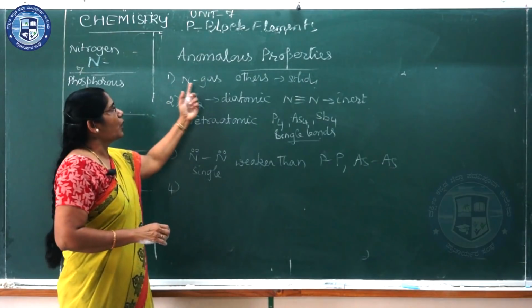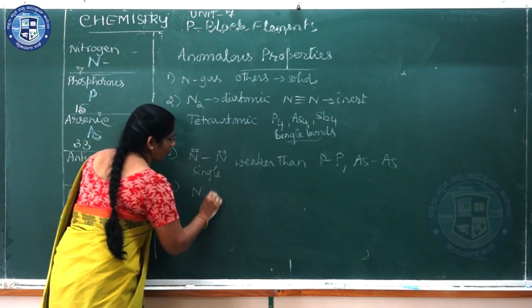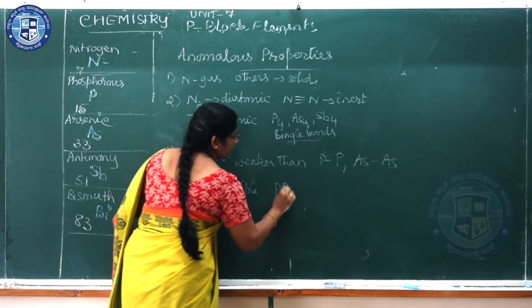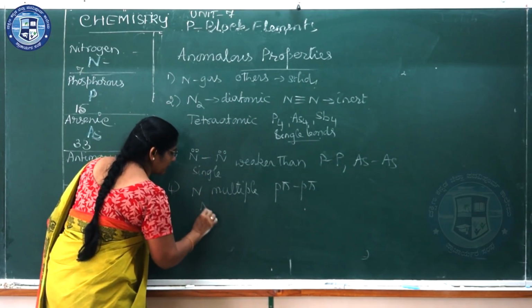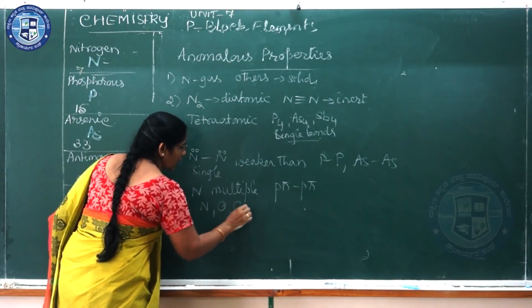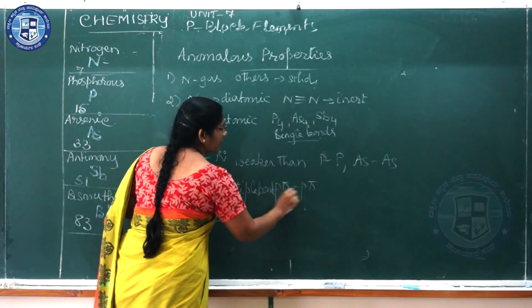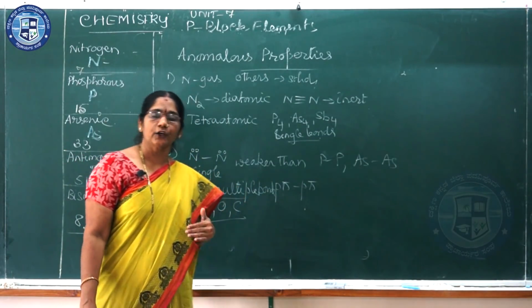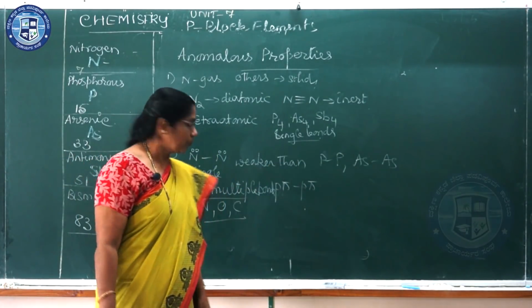Then due to small size and high electronegativity, nitrogen can form multiple bonds with p-pi overlapping with the other atoms of same nitrogen or oxygen or carbon. It can form multiple bonds, p-pi bonds, whereas due to bigger size and lesser electronegativity, other elements do not form multiple bonding.